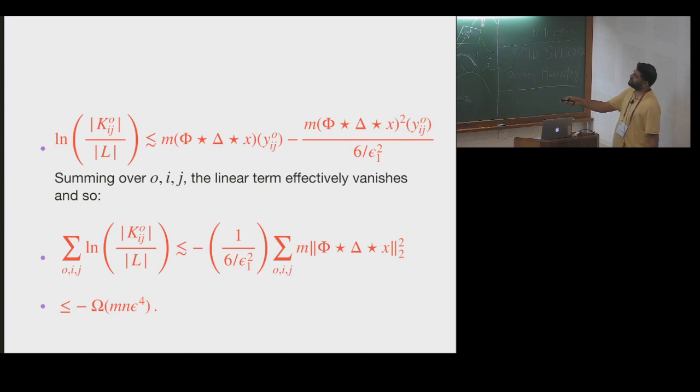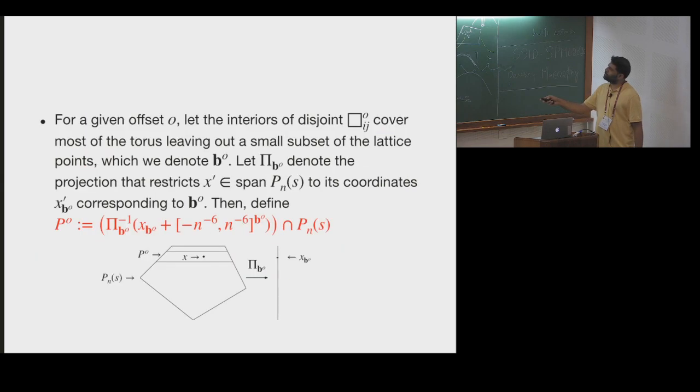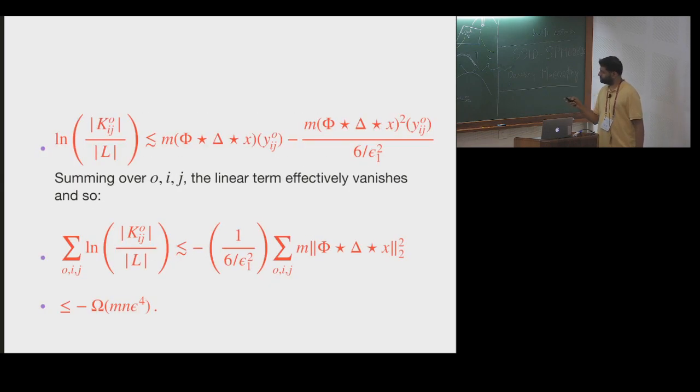Okay, so we have this, and now these terms, because this is a mean zero value now, we have removed the quadratic that we expect to be the mean. This is mean zero. Phi is an averaging operator, so phi star x is also mean zero.